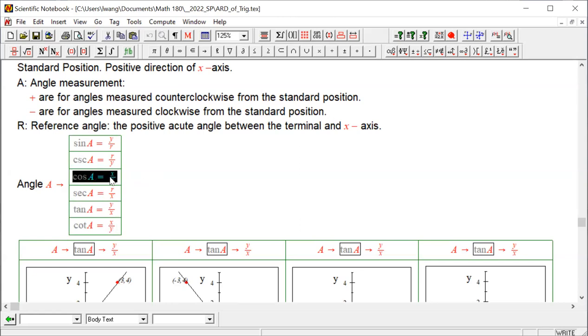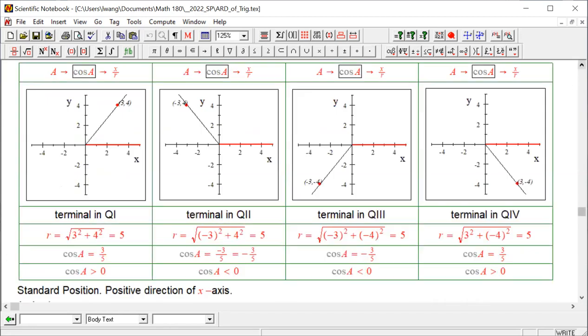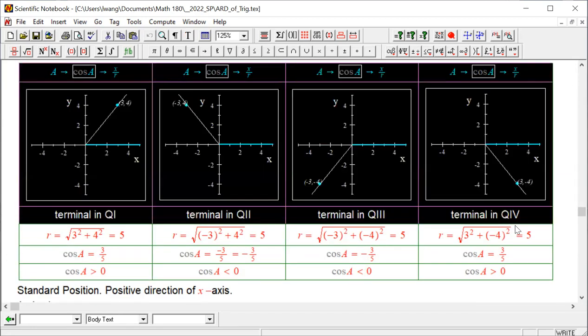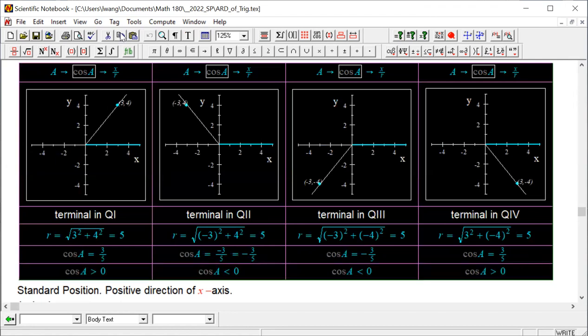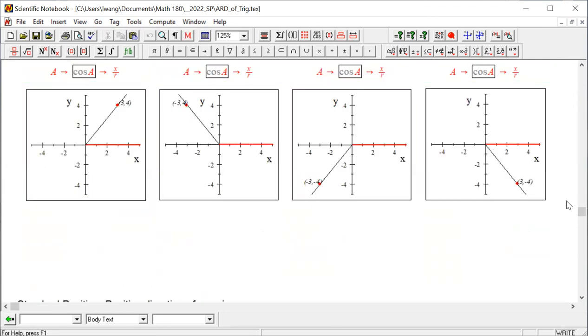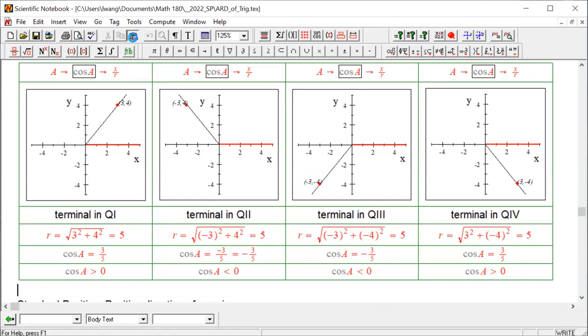So if we study cosine angle and secant angle, we can get a lot of interesting information. I'm going to take this table and make another table for secant.